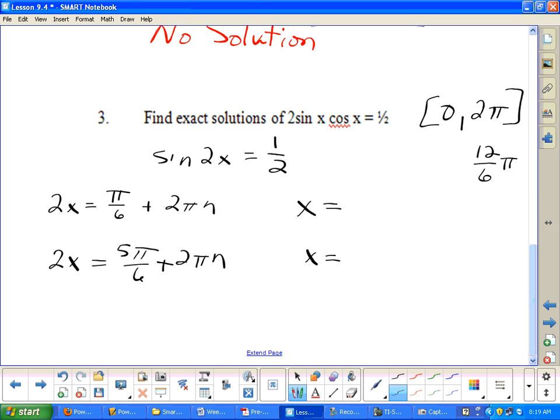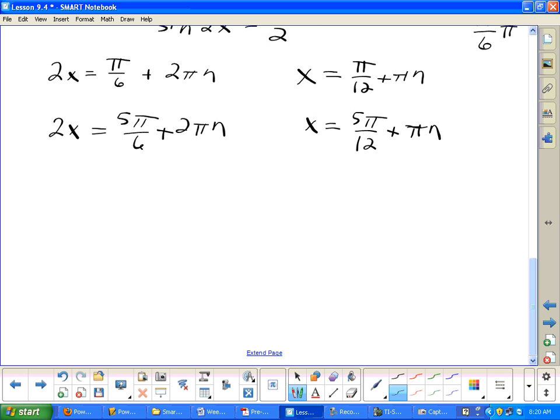Okay, it's pi over 12 because dividing by 2 is the same as multiplying by 1/2. Okay? So this would be pi over 12 plus pi n and 5 pi over 12 plus pi n.